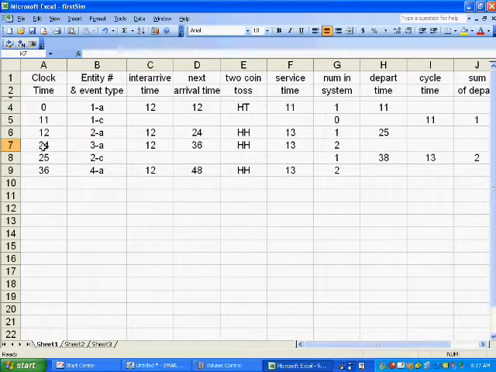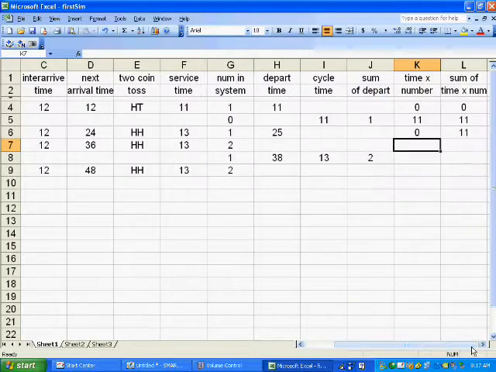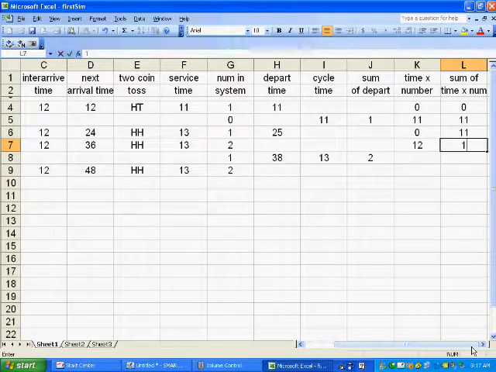Okay, the next time is 24. The time interval is what? 12 multiplied by 1. So we add 12 units, and the sum is 11 plus 12, which is 23.